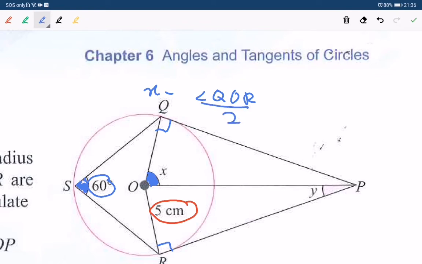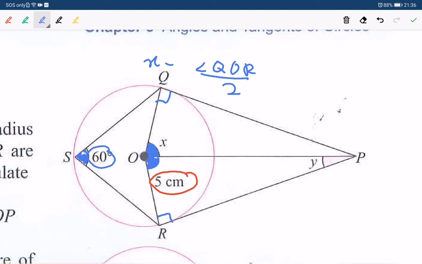Why? Because the angle of X here is equal to the angle down here. So how can we find the angle of QOR? Look up here. You need to remember, if this one is 60, the angle of QOR is twice.